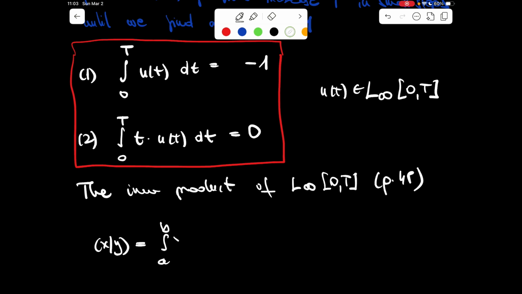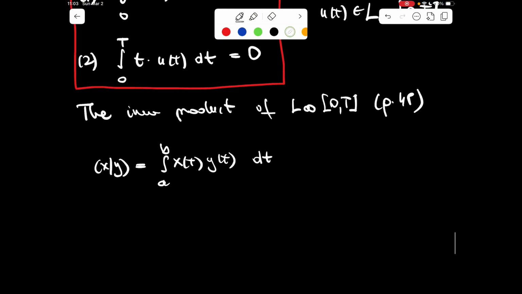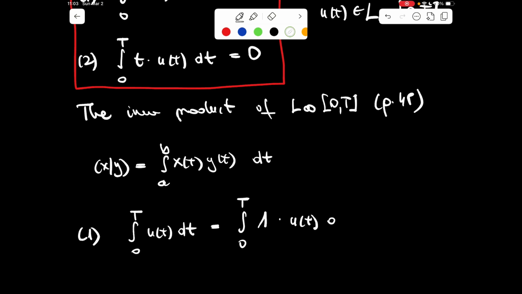In general, x(t), y(t), dt. So, accordingly, by applying this notation, restriction 1 can be rewritten in this form: u(t) dt -1.